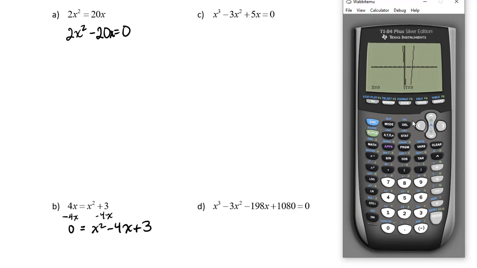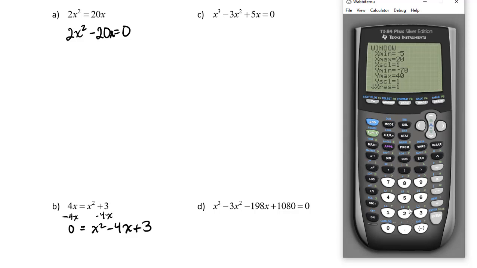So I'm going to change my window and say my x values go from a minimum of, say, -5 to a max of maybe 20. And then I'm going to make my y values show further down. So I'm going to say maybe to -70.